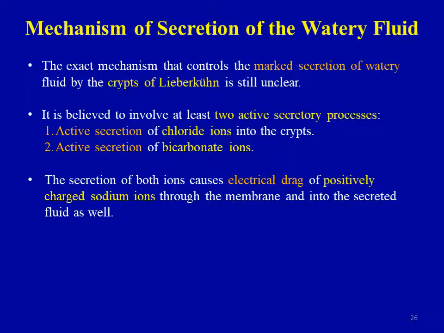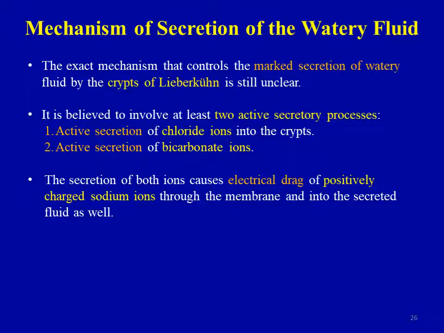The secretion of both ions causes electrical drag of positively charged sodium ions through the membrane and into the secreted fluid as well. In the stomach, we saw that the proton pump will pump hydrogen, and this hydrogen will drag chloride.